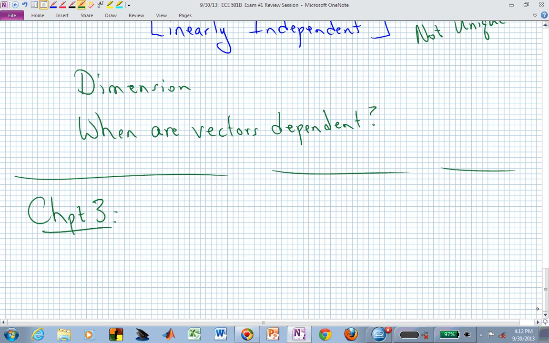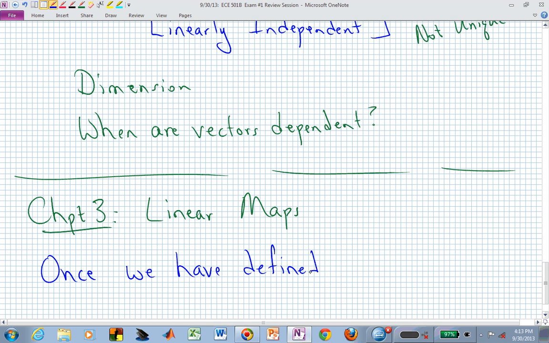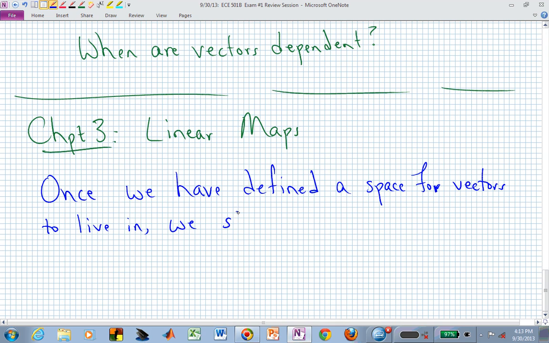Once we have this space defined where we're living in terms of where these vectors are coming from, then we can look at Chapter 3 material, which talks about linear maps, meaning once we have defined a space for vectors to live in, that opened up the additional information in Chapter 3.